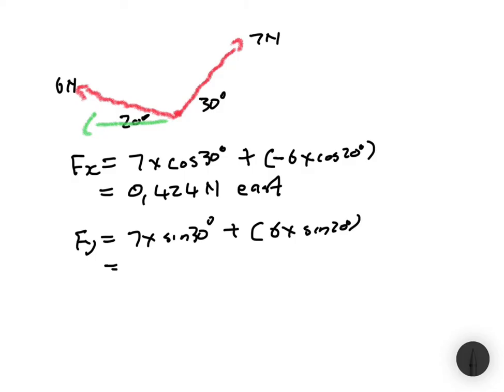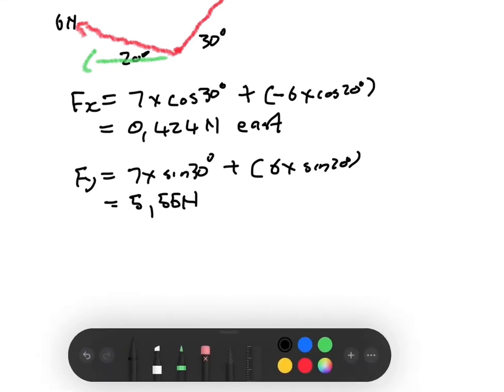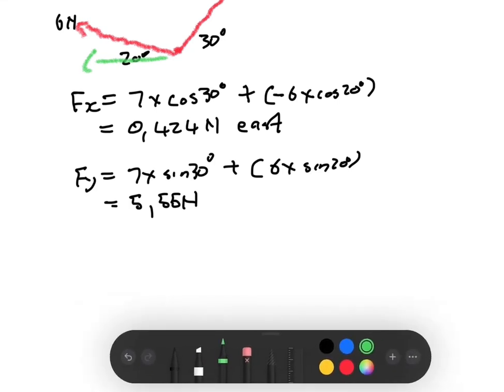So if we compute that, 7 multiplied by sine 30 plus 6 multiplied by sine 20, the answer here is 5.55 newtons, right?